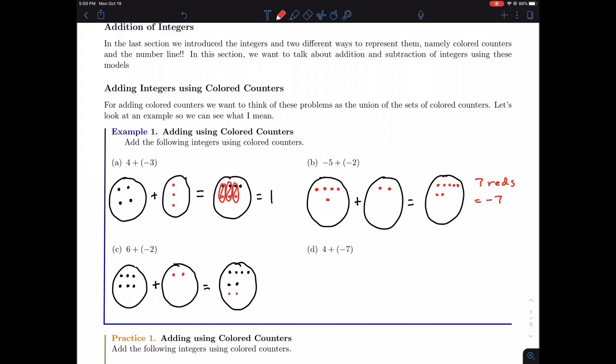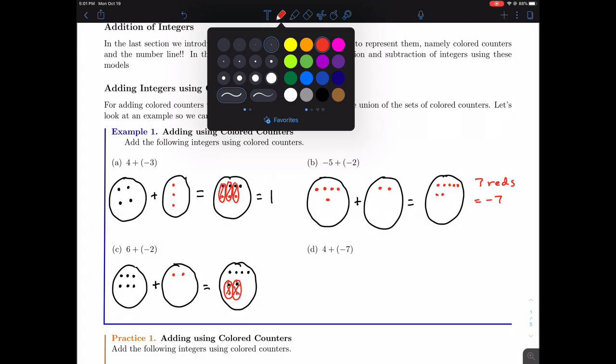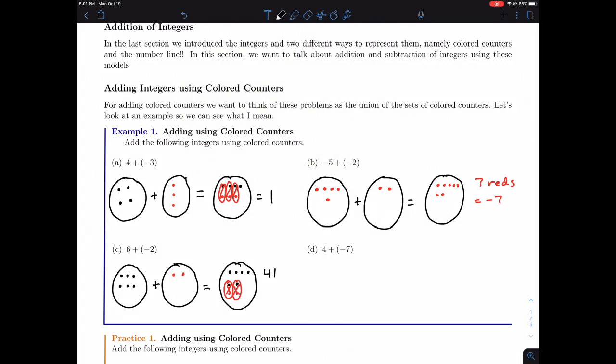Now that we've got reds and blacks, we want to go ahead and zero out any of those pairs that we've got. So I can take this red and this black, zero those out. Take this red and that black, zero those out. And if I look, all I'm left with are 4 black tokens. So that tells me that my answer in that case would be just positive 4.